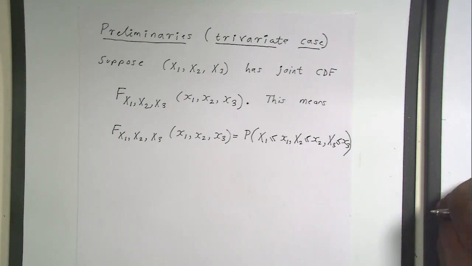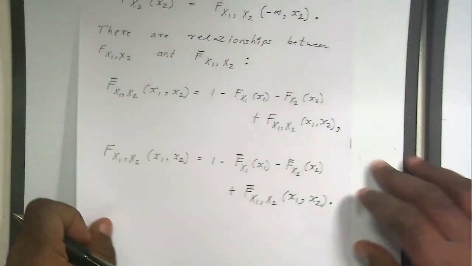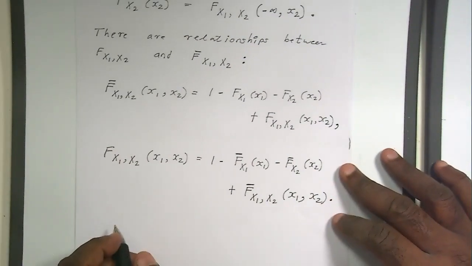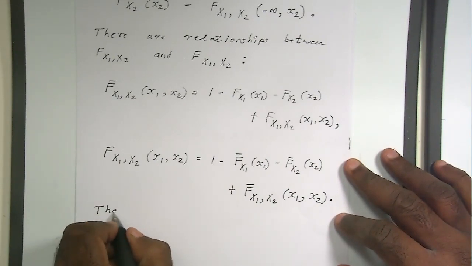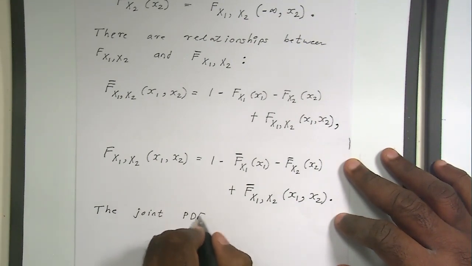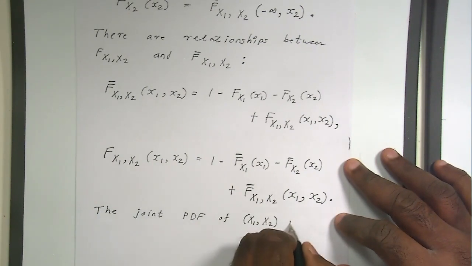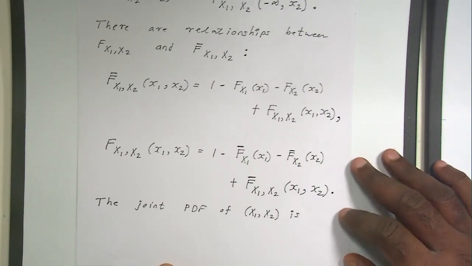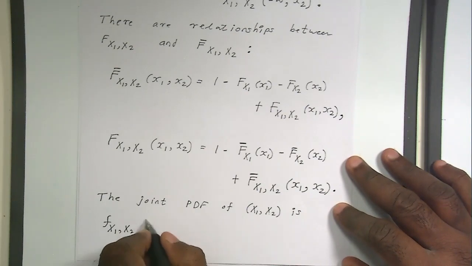Oh, by the way, I forgot to do something here. Can I go back to the bivariate case just a minute? In the bivariate case, I forgot to say the joint PDF of X1, X2 is denoted by this.